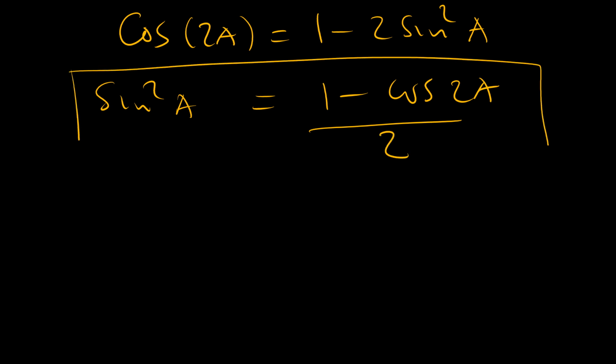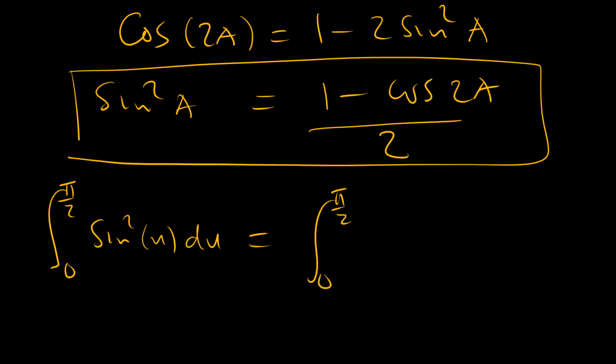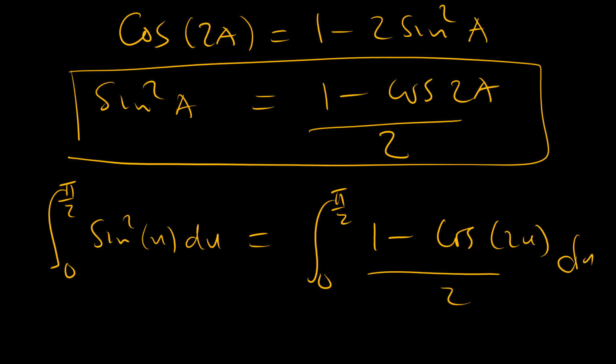Using this expression, we can now say our integral from 0 to pi over 2 of sine squared u du is the same as the same problem with 1 minus cosine 2u over 2. And then we can pull the half out, and we now have half, integral from 0 to pi over 2, of 1 minus cosine 2u.